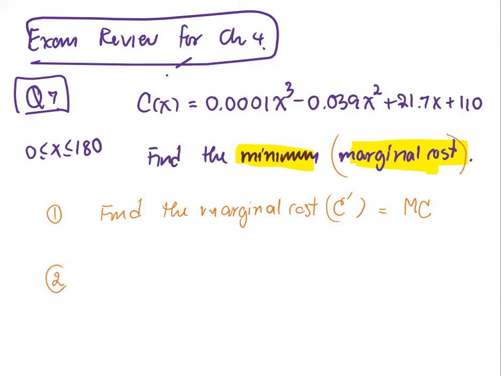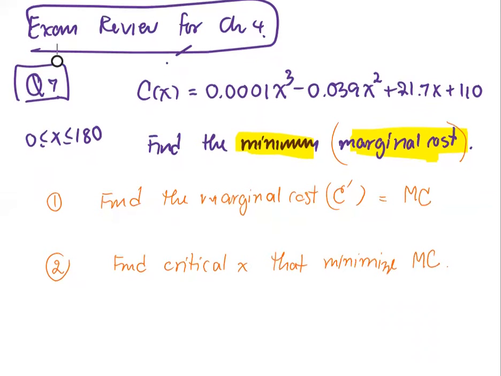And then step number 2, we're going to find the critical value, or the critical x, that minimizes the marginal cost. Then the problem asks you to find the minimum value of it.